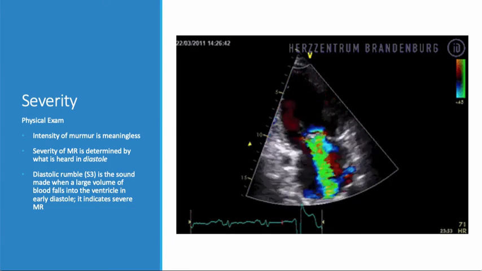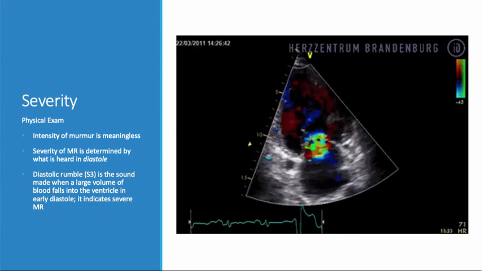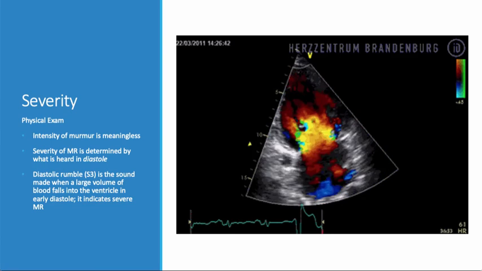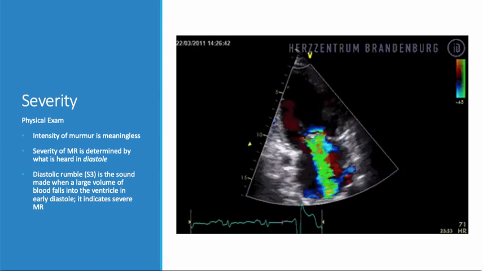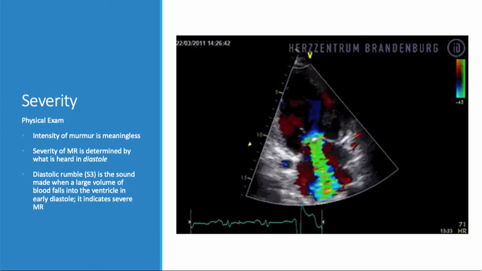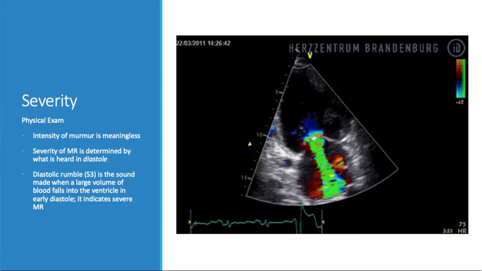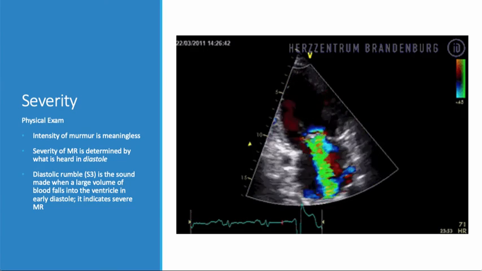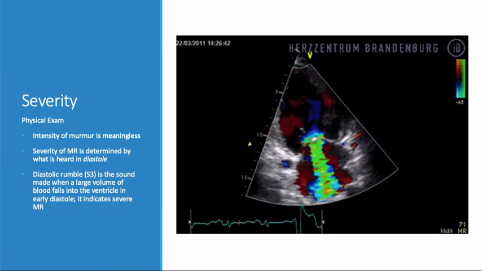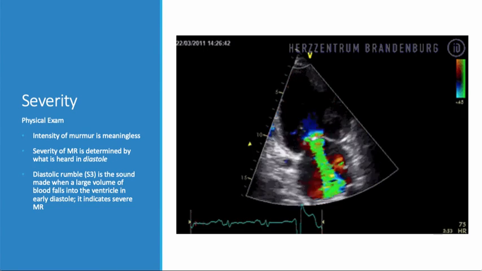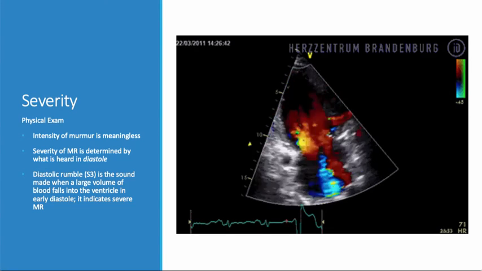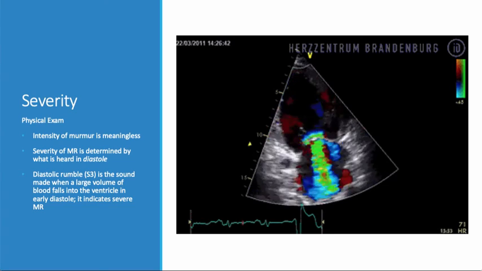So remember that with aortic stenosis, we use the events in systole to tell us how severe it is. In mitral regurgitation, we use the events of diastole, because in mitral regurgitation, you have this huge volume of blood that goes backward in the heart, and volume overload problems lead to dilation of the ventricle.